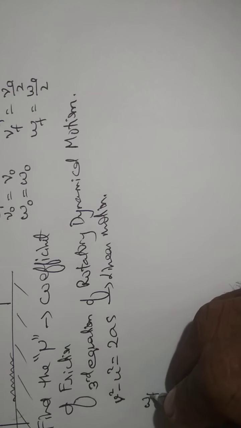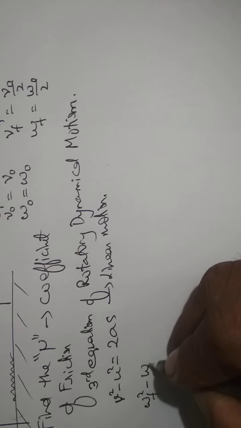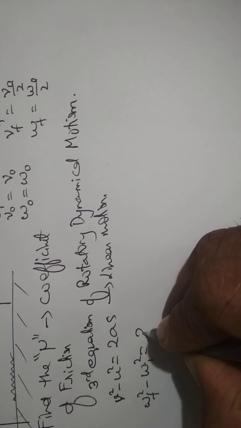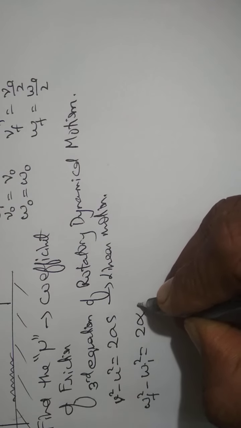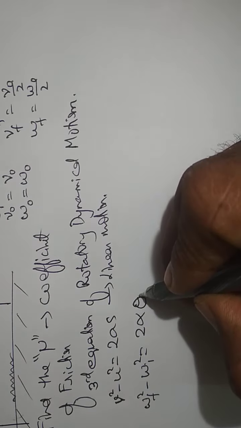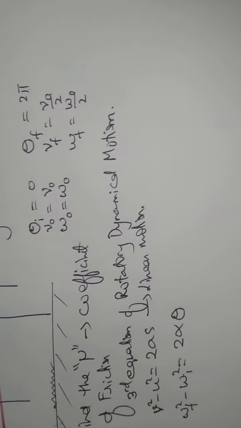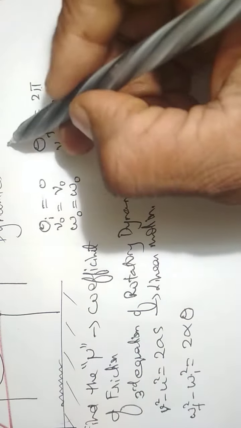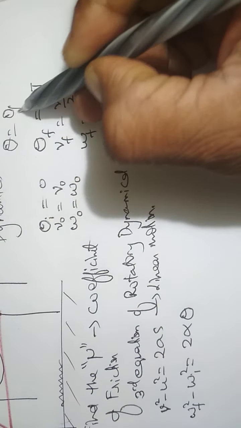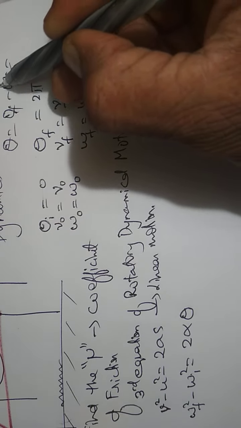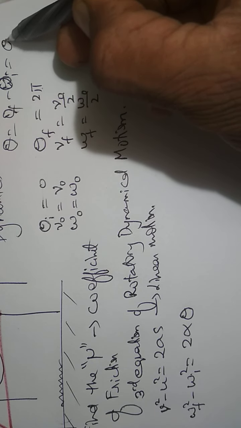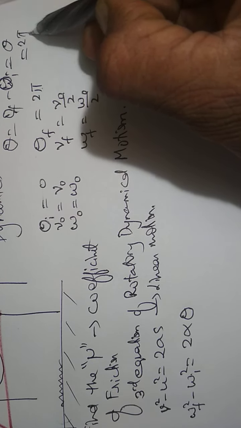So omega f square minus omega I square equals 2 alpha into theta, where theta is theta f minus theta I, which becomes the full 2 pi.